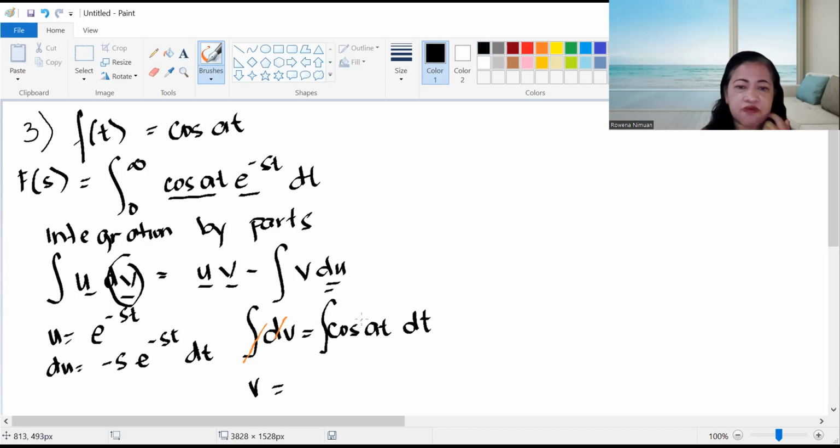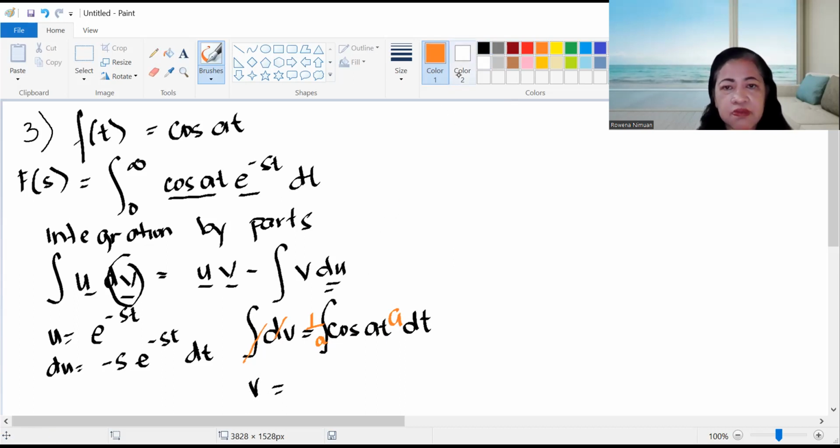So the integral of cosine is what? Positive sine. The derivative of sine is cosine. So therefore, the integral of cosine is sine. But still, I lack the value of a here, so I have to introduce 1 over a there.